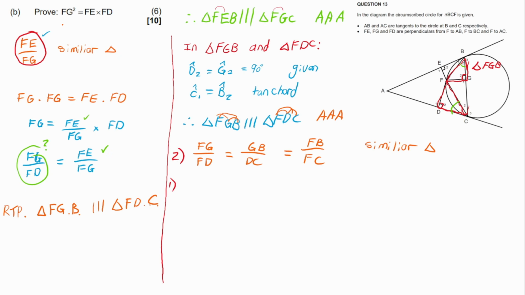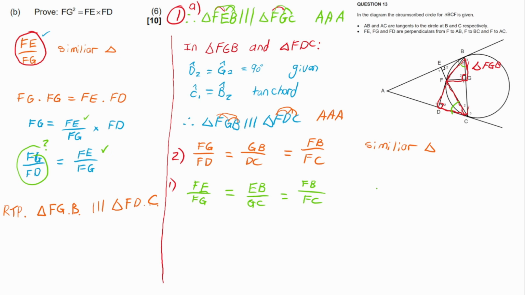If we look at our first set of triangles up here, this was from part A. If I use these ratios, I have FE over FG is equal to EB over GC, and then finally FB over FC.